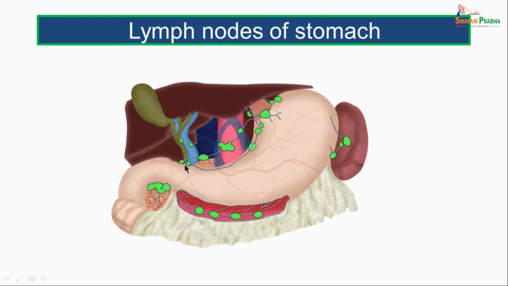Above the pyloric antrum, the hepatic group of lymph nodes, the right and left gastric lymph nodes, and ultimately the celiac group of preaortic lymph nodes near the celiac trunk. So, these include the various lymphatic groups responsible for draining lymph from the stomach.